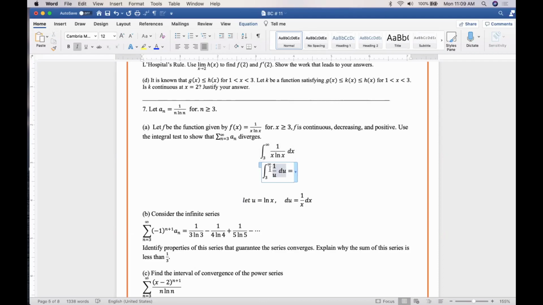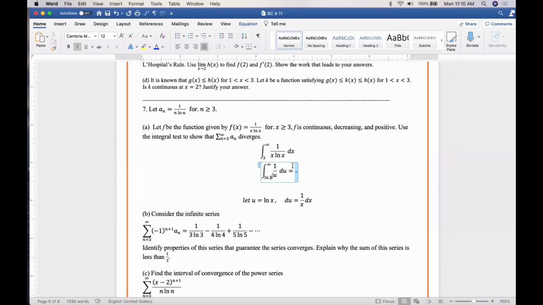But of course, this should not be left that way, because you need to change the limits. When x is 3, what is u? u is ln of 3. So instead of 3, you put ln of 3. You have to change the limits. And of course, if x is infinity, u is still infinity, right?